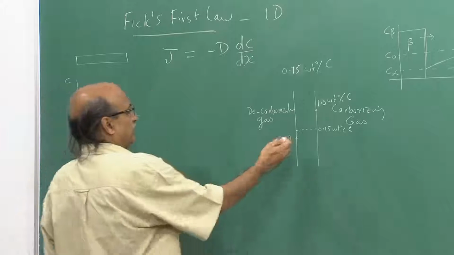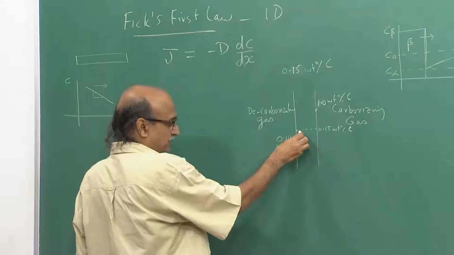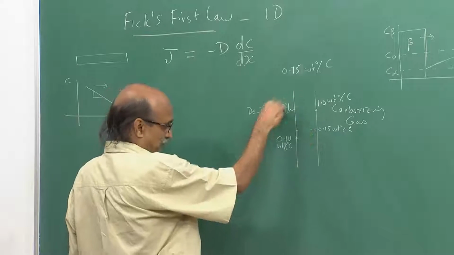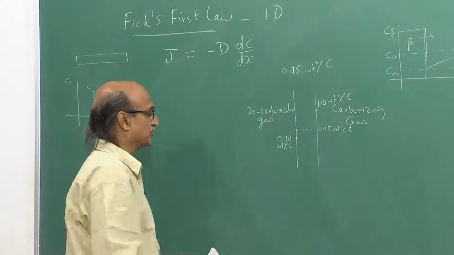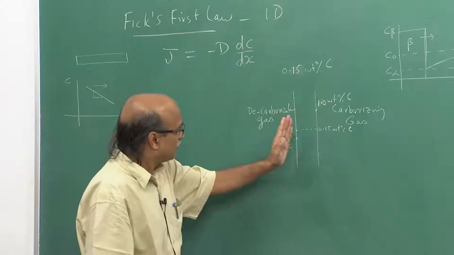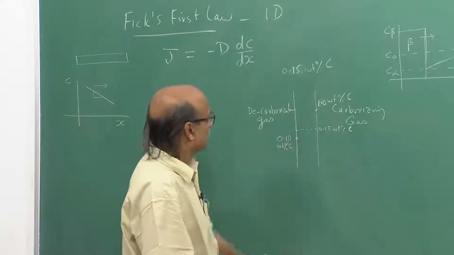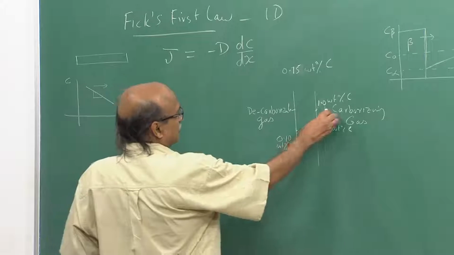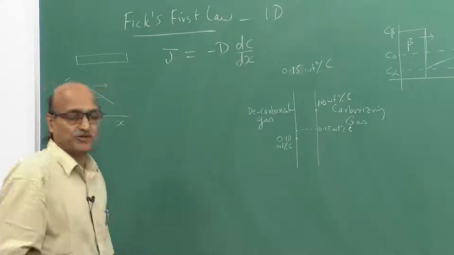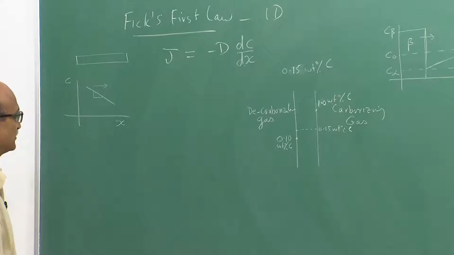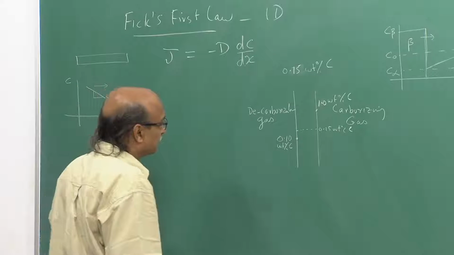Very clearly, carbon will be depleted on the left hand side because of the smaller concentration of carbon on the left hand side, while on the right hand side the sheet will be enriched with carbon because of the higher surface concentration of 1 weight percent that is fixed on the surface.